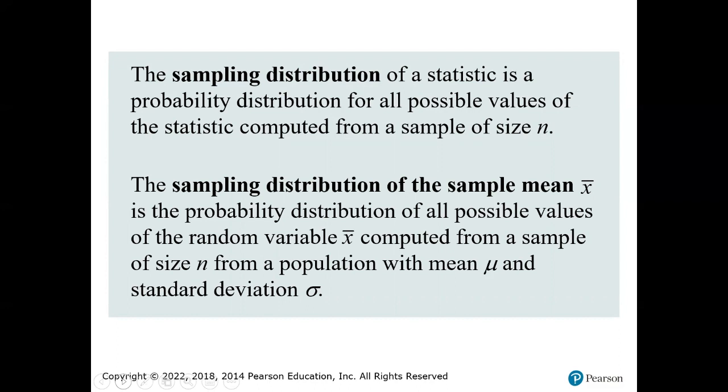We know our population mean and standard deviation. We are going to be told we're going to take a sample of size whatever, and we want to create the sampling distribution of those averages. Okay, that is what we are going to create today.